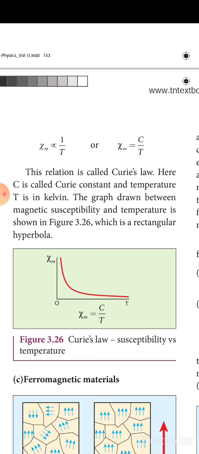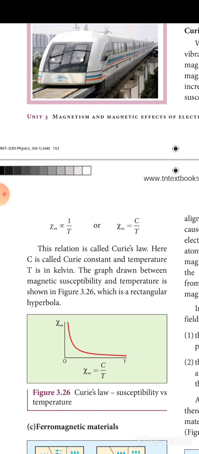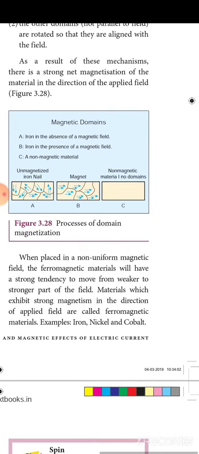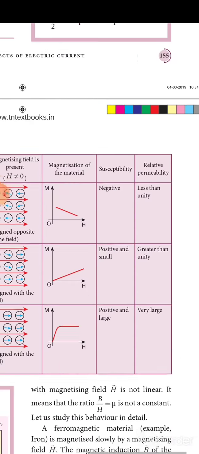And also, what do you mean by Curie's law? These are two more important questions that may be asked. The susceptibility is inversely proportional to the temperature. This is Curie's law. It may be asked in the September monthly exam.